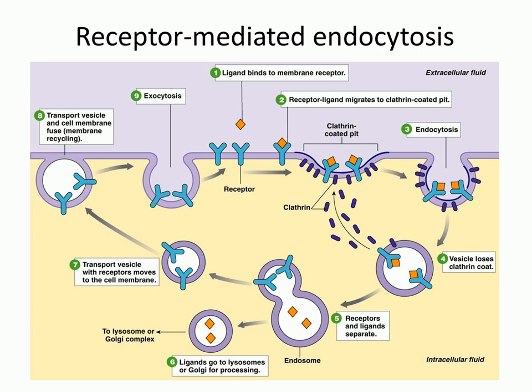I've added new membrane, but it doesn't matter because at the same time, I have endocytosis taking place. So exocytosis and endocytosis are occurring all the time. Exocytosis is a way to get material out of the cell or to put proteins, for example, in the membrane.